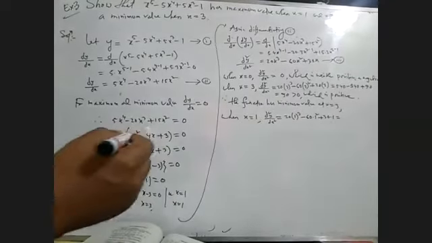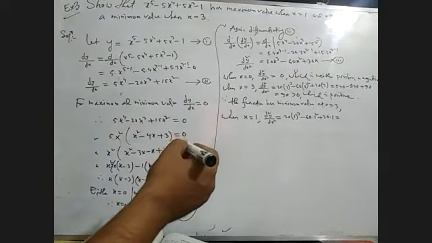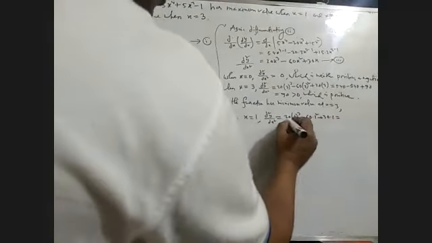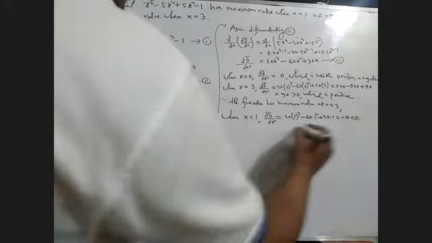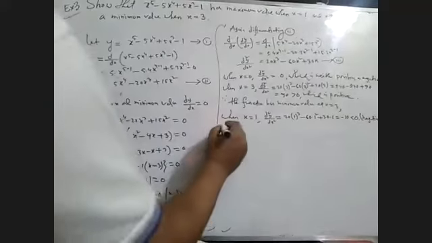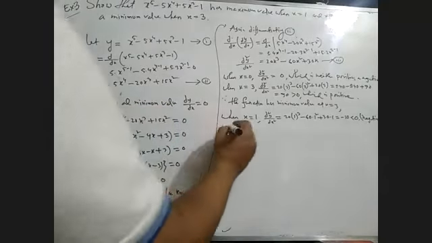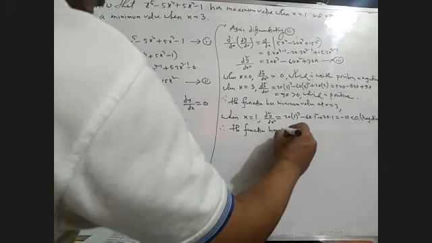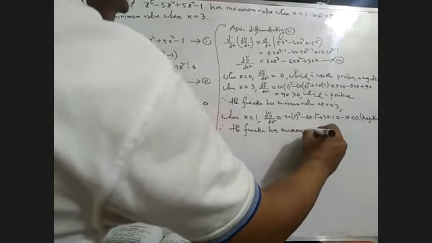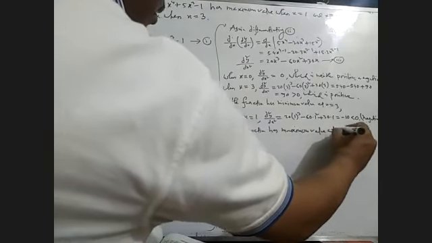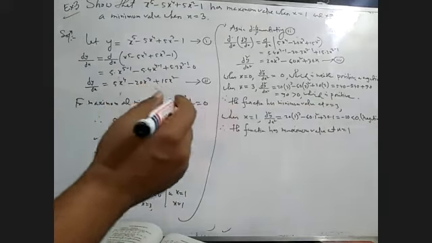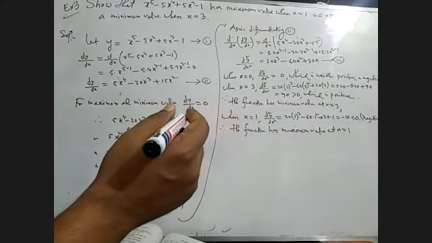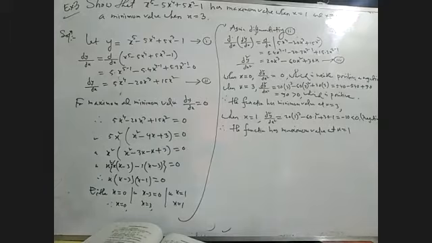So for x equals 1, we get 20 plus 30 is 50, 50 minus 60 gives minus 10, which is negative. Therefore, the function has maximum value at x equals 1.